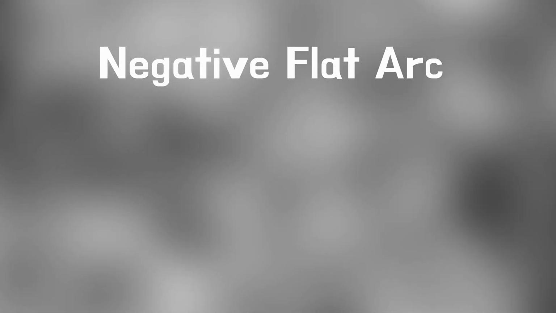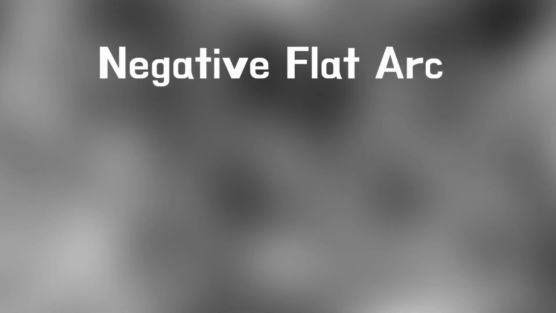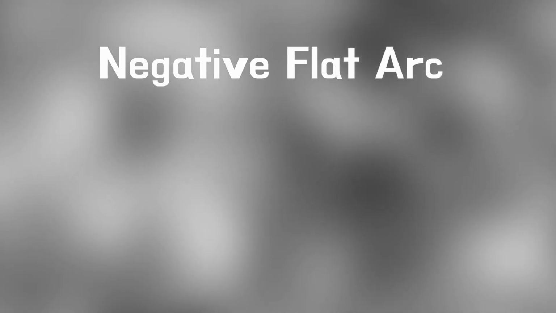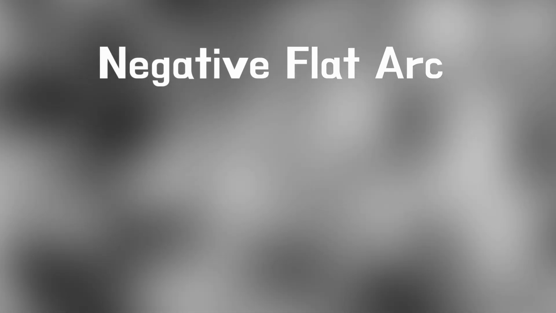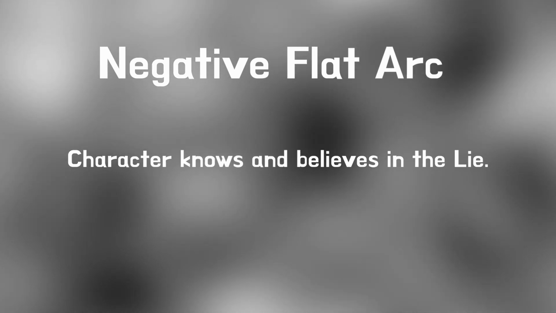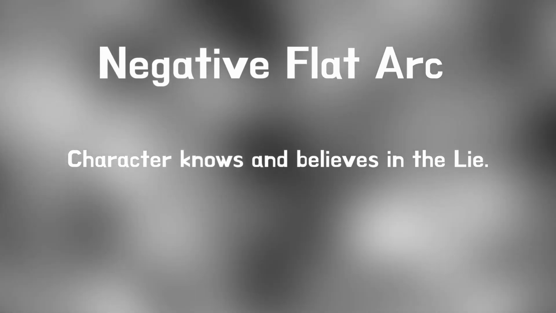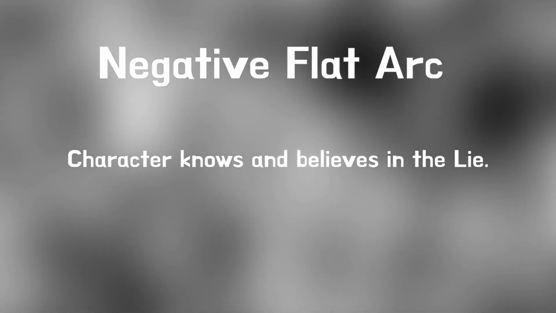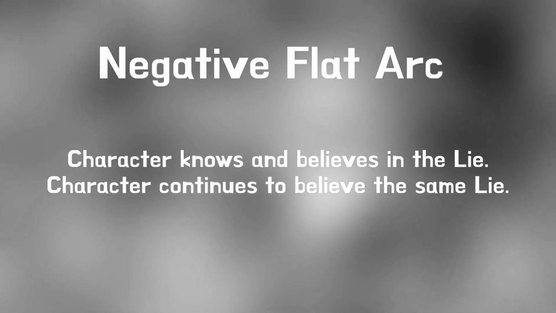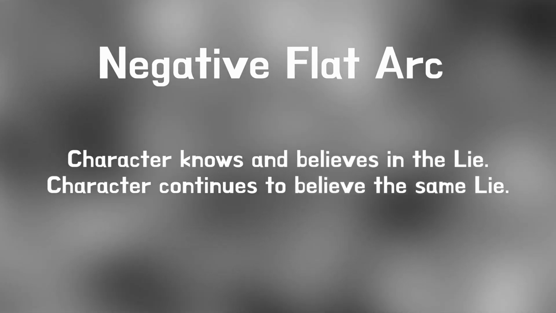And when it comes to the negative flat arc, this is one that is less common. Typically, when we are talking about a negative flat arc, we are dealing with a character that is either inhabiting a world possessed by the lie or the truth. But this usually doesn't matter as much, because what matters is that the character knows a lie or knows a bad truth about themselves, and over the course of the story does not change or continues to embrace this lie or bad truth.